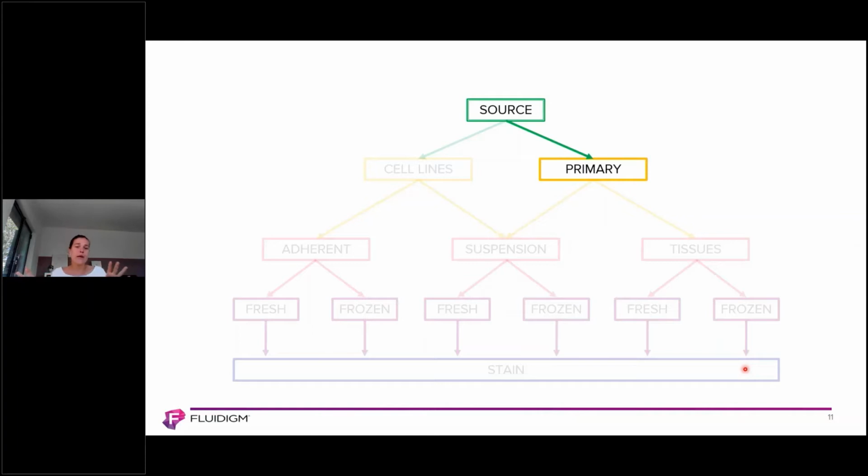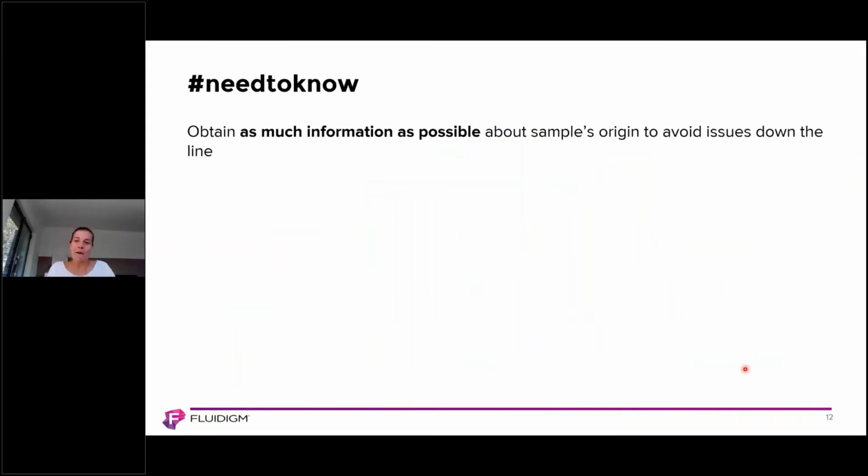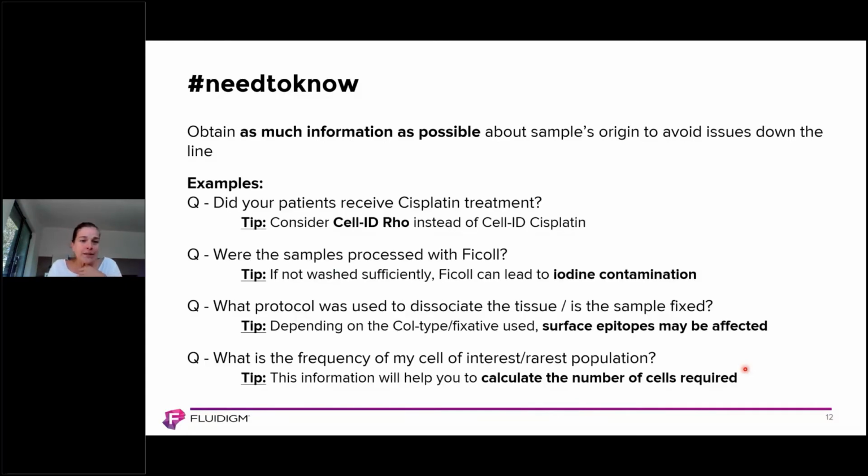So now we will have a look at the preparation of your samples. First of all, we will look at the source of your sample. Before the experiment, you have to know a lot of things just to be sure that everything will be okay. So just be careful if your patients or mice have been treated.